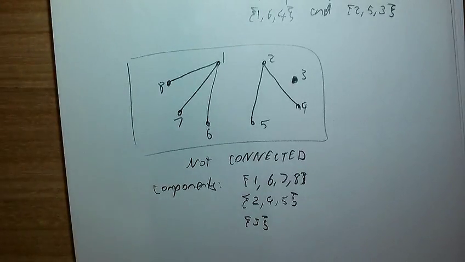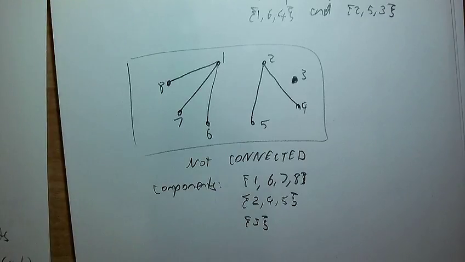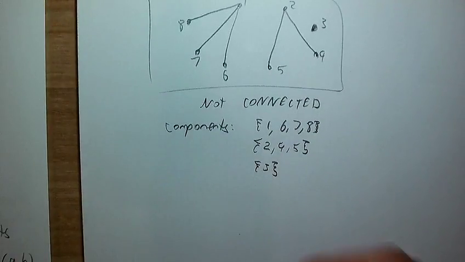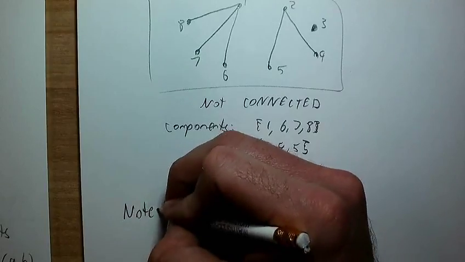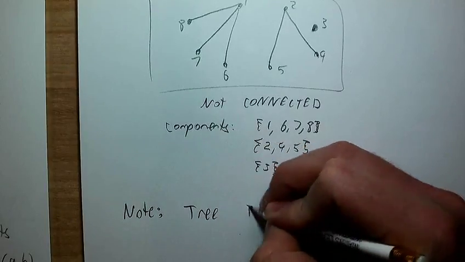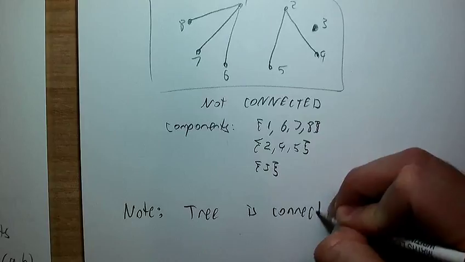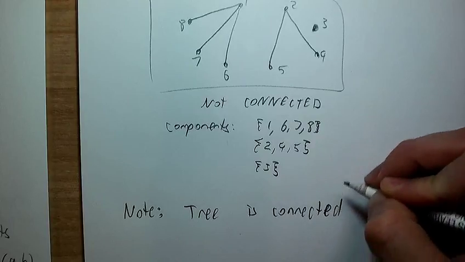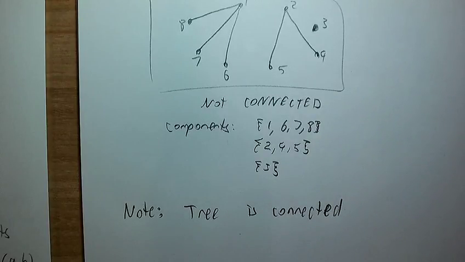So, basically, you could define forest before tree. A forest is any graph with no cycles. And a tree is a connected graph with no cycles. So, just going to point that out now. Note, a tree is connected. That's the definition of a tree. It's a connected graph with no cycles.